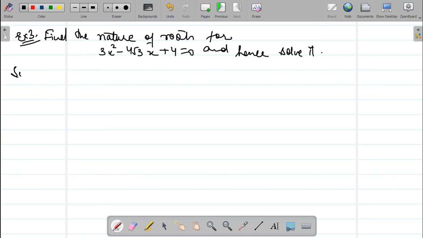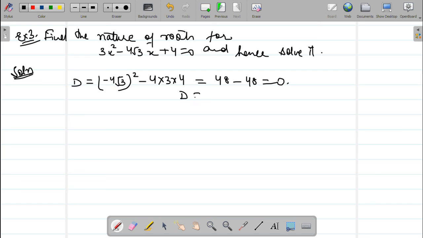So first of all, I'll find out D. D will be equal to minus 4 root 3 whole square minus 4 into 3 into 4, that is 4ac. So this will give me 4 square, 16 into 3, 48, minus 16 into 3, 48, which is equal to 0. So D equal to 0, two equal roots.